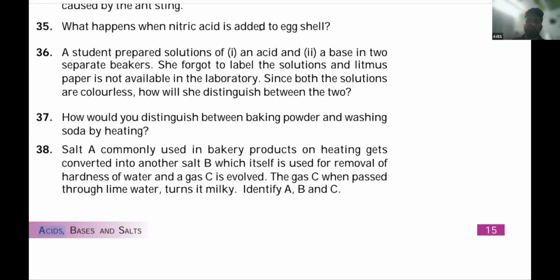To separate baking soda and washing soda, this is question number 37. What will you write as the answer for this one?